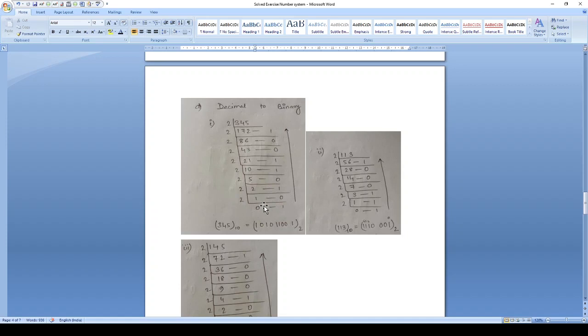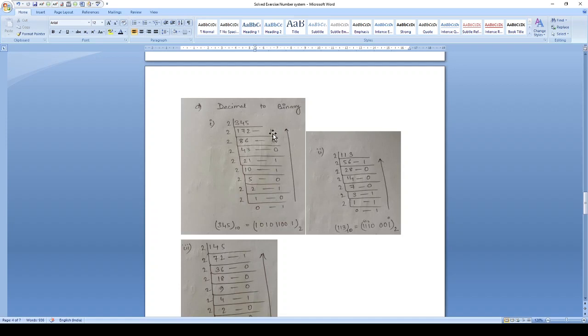You will divide again, but you cannot divide 1 by 2, so you get 0 and you just take this 1 to the remainder. Now you have to write these remainders in the reverse order of the way you have got them.